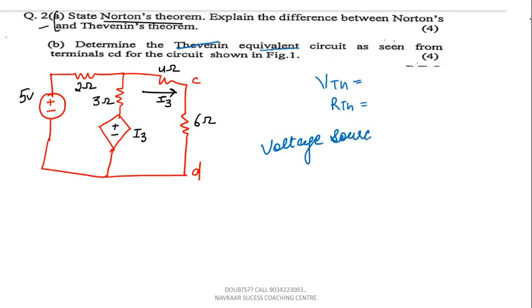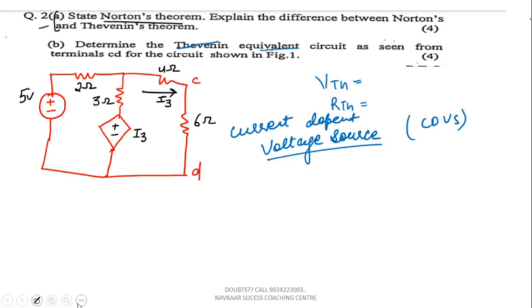Positive negative sign means voltage source, and it depends on the value of current. So it is a current dependent voltage source, CDVS.